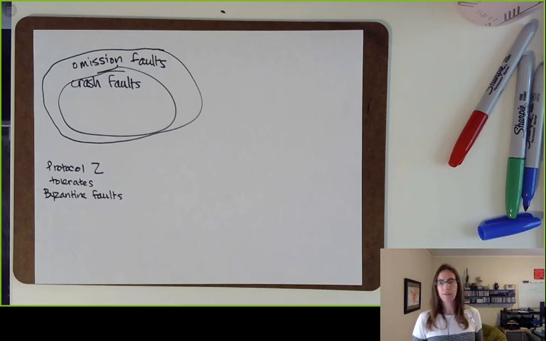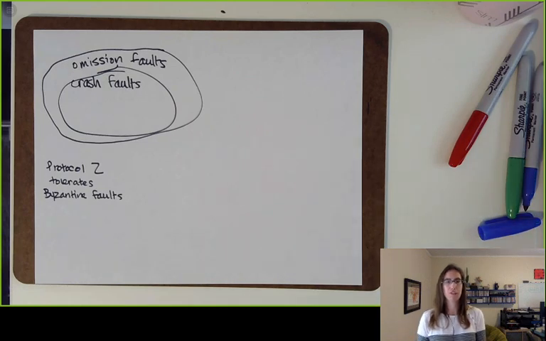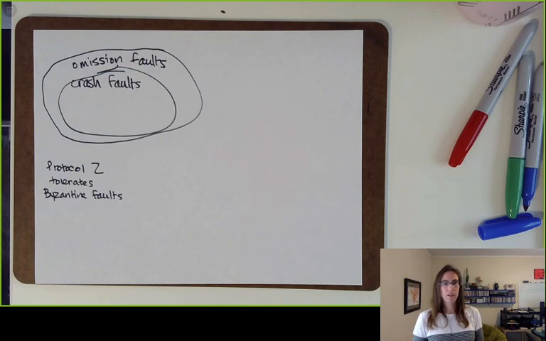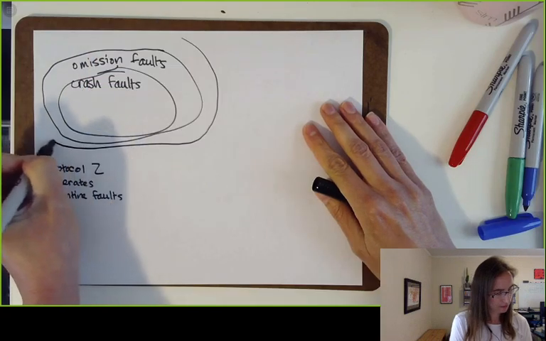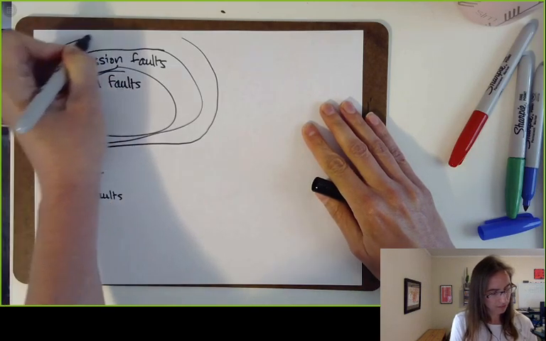So what is a Byzantine fault? A Byzantine fault says that a process could behave in an arbitrary way, or even a malicious way. So basically anything could happen. So, in fact, Byzantine faults are a superset of omission faults.